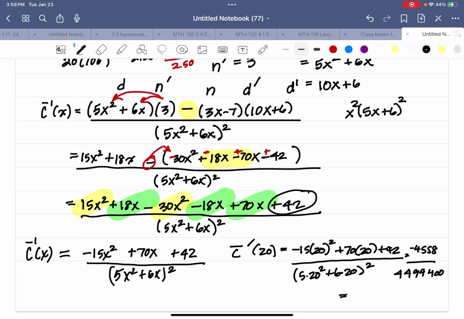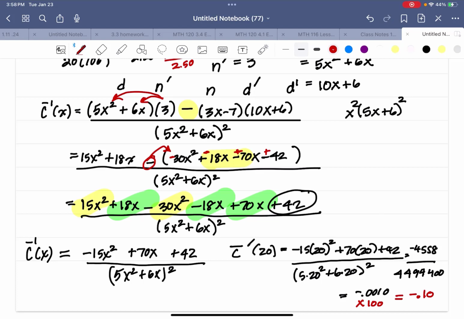If I divide negative 4,558 by 4,494,400, I get negative 0.0010. But again, it's in hundreds, so times 100 gives me negative 0.10.